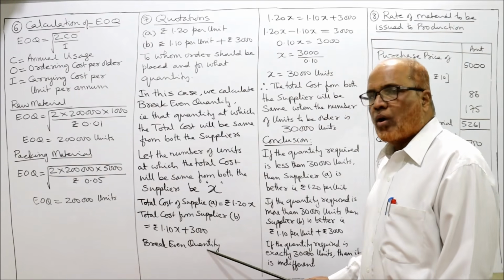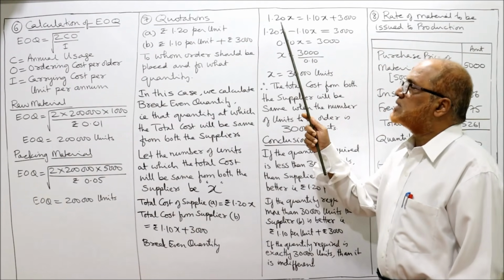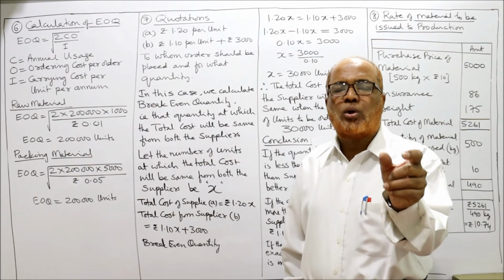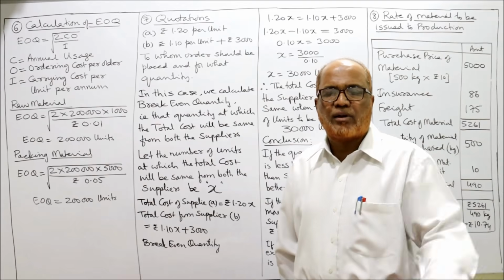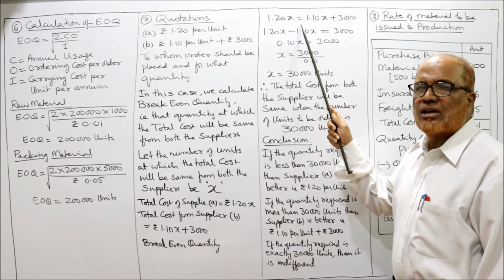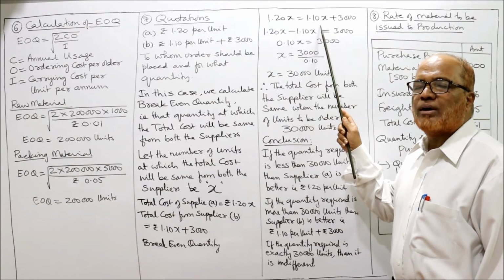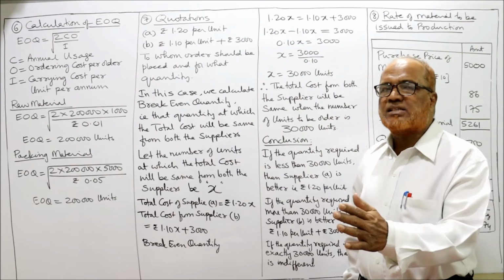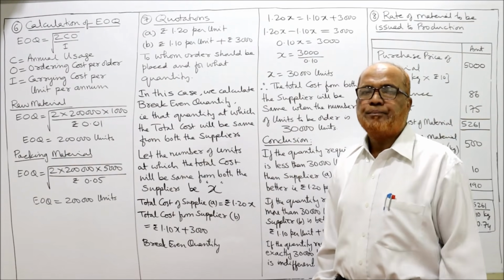Now the break-even quantity is where the total cost from A supplier is equal to the total cost from the B supplier. So A supplier total cost 1.20X is equal to B supplier total cost 1.10X plus 3000. Now bring the X variable to one side and the constant to the other side.